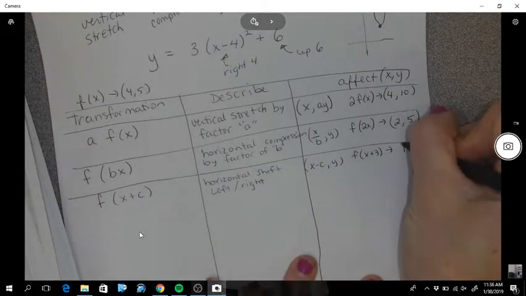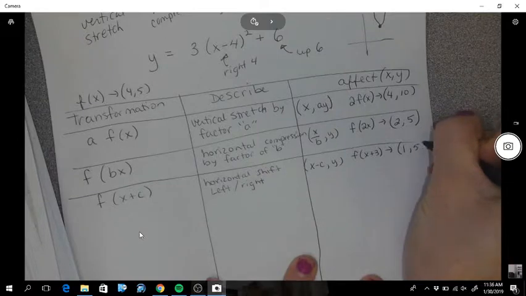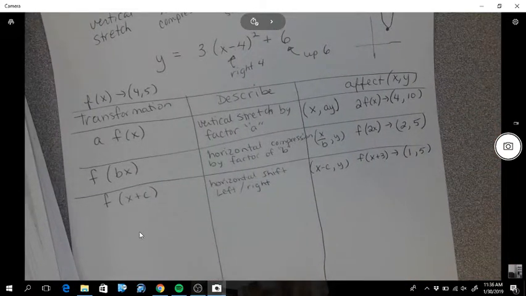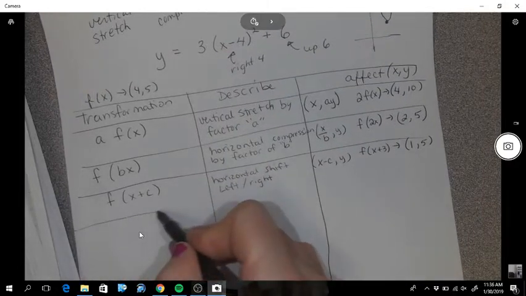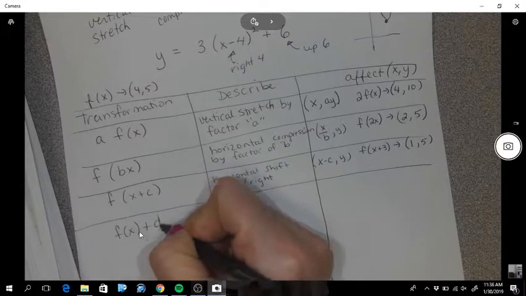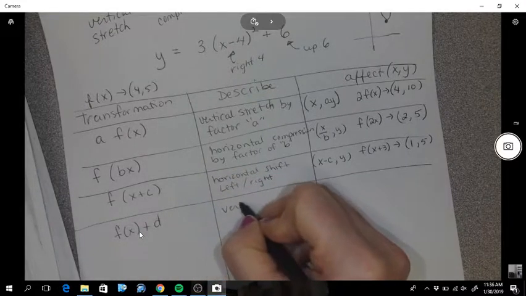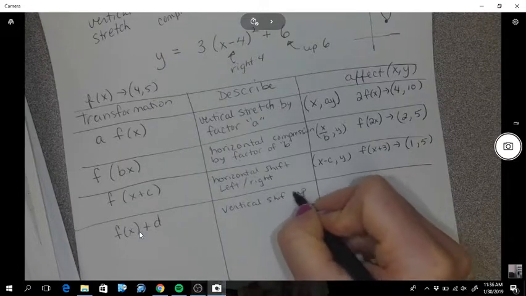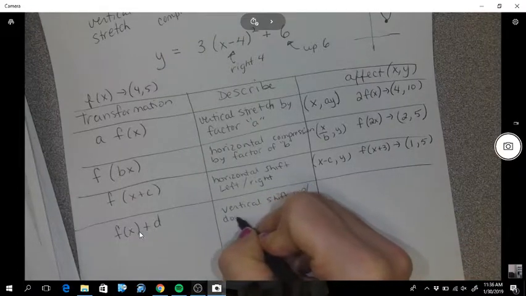So you would now have the point 1, 5 instead of 4, 5. f of x plus d is a vertical shift. So that would go up or down.